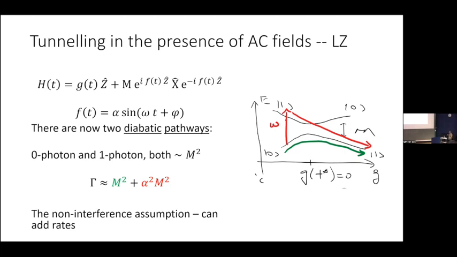But there's another pathway where in the rotating frame, you have the same transition, but it's now shifted to a different value of G. Because there's a small alpha here, this thing is not just m squared, it's alpha squared m squared. And these diabatic pathways, because they happen at different times, will not interfere. So you're allowed to add rates.